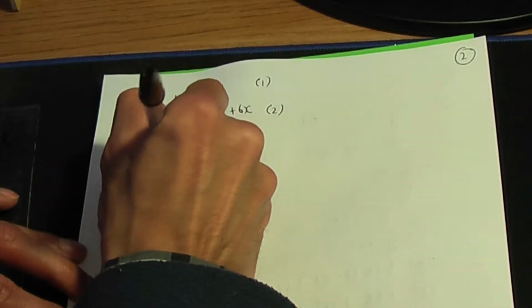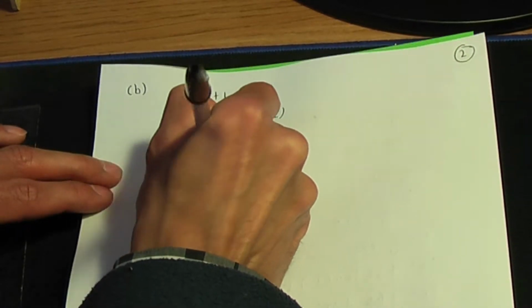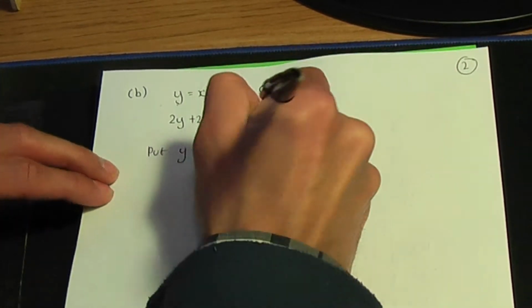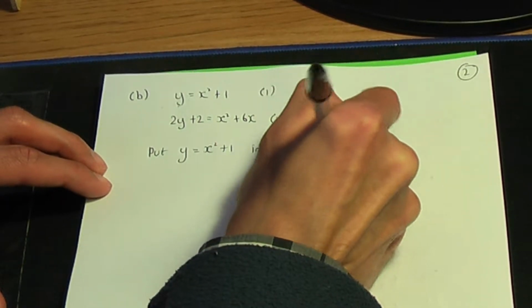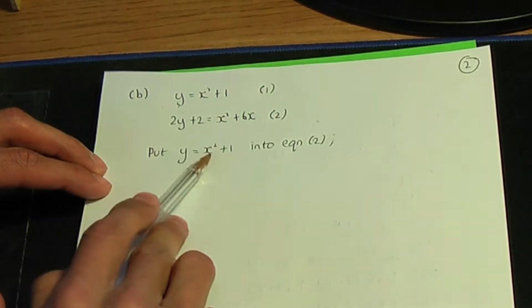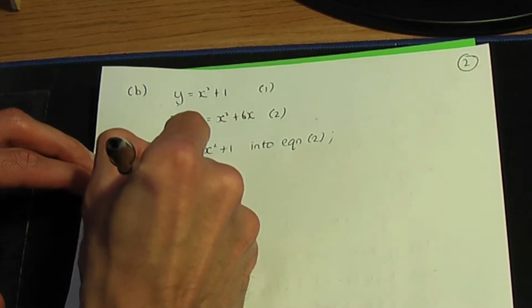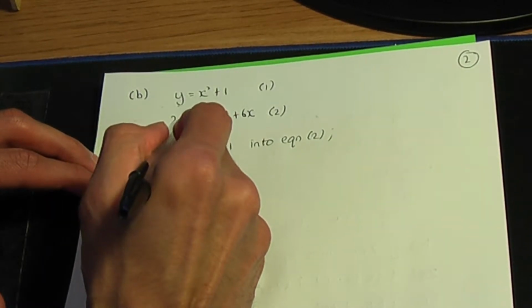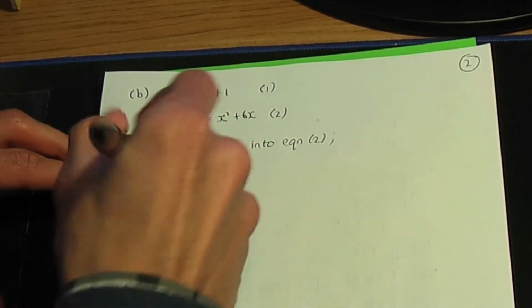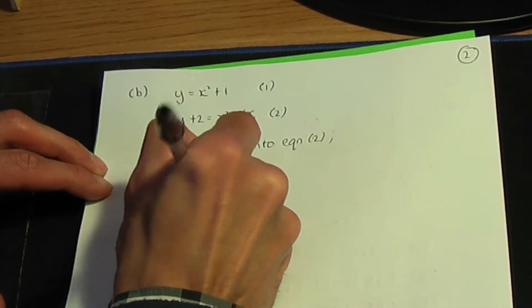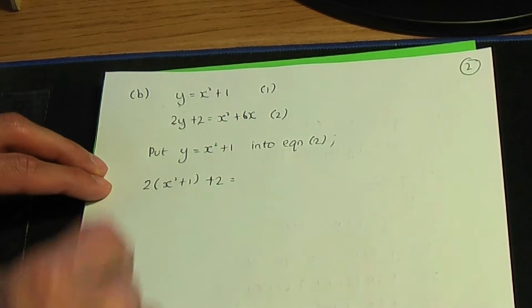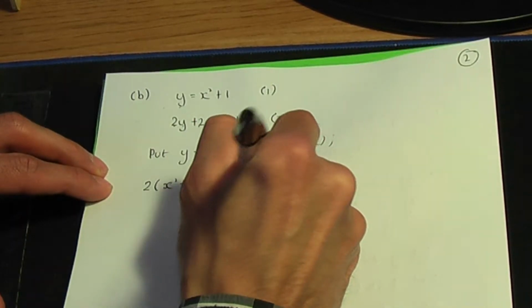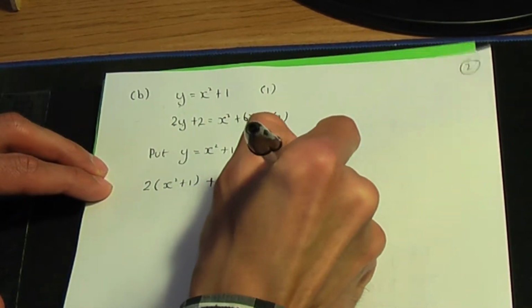So if I replace y by x squared plus 1 in 2, I'll get 2 into x squared plus 1, plus the 2, and that is equal to, on the right hand side, x squared plus 6x.